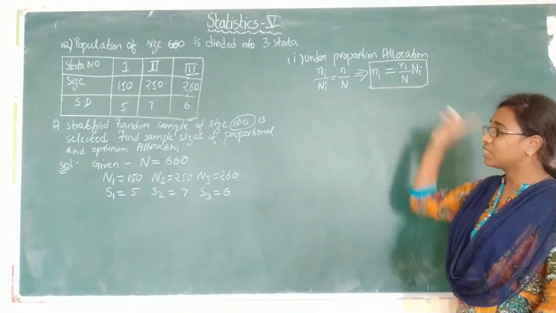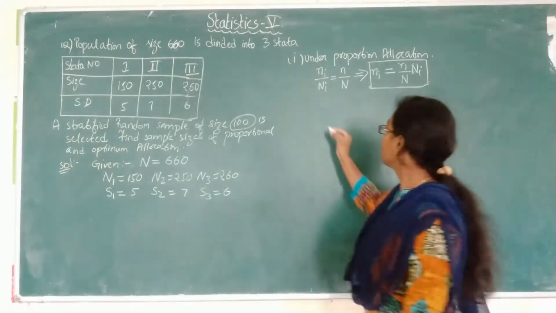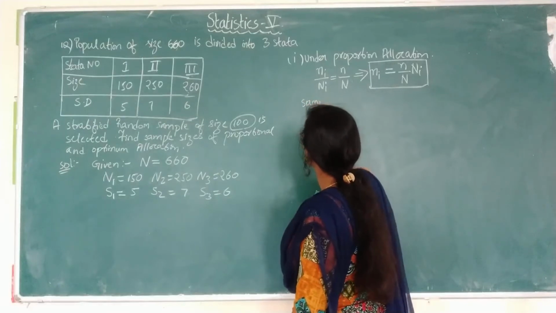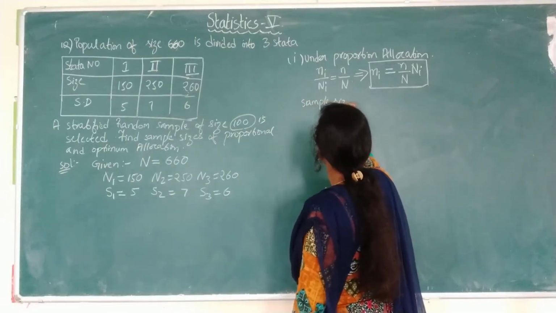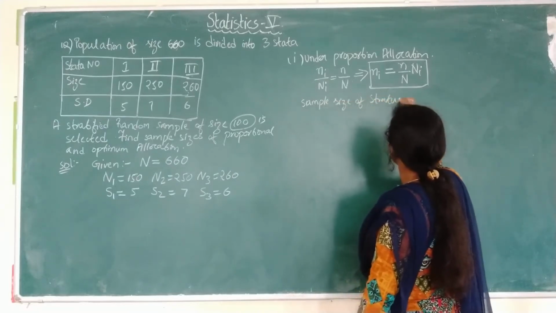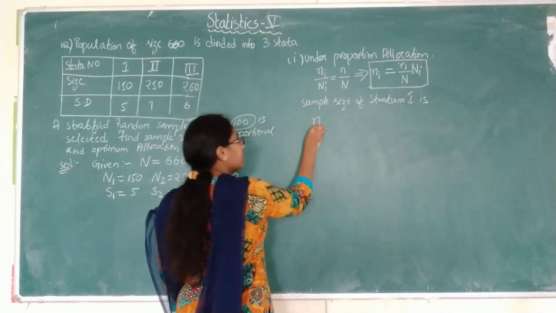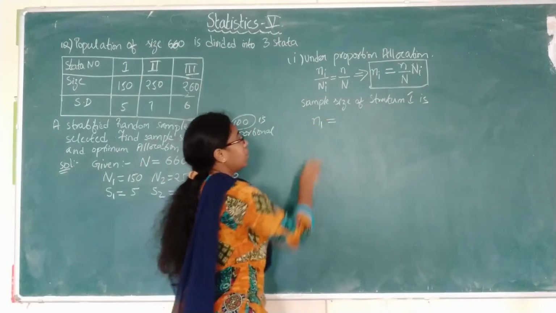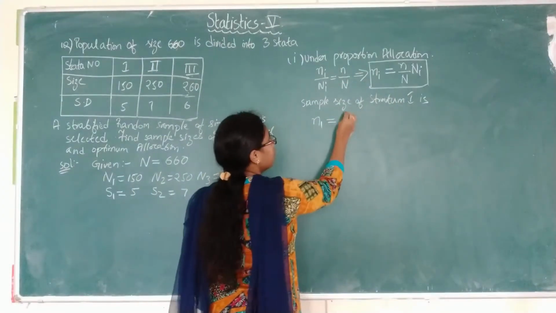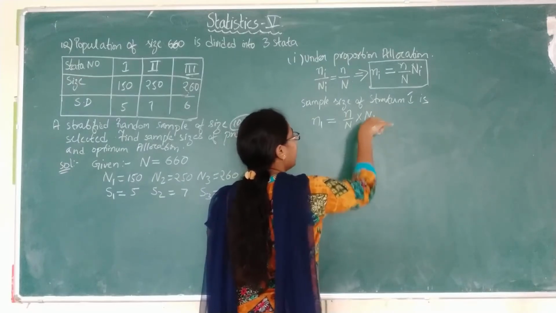Now by using this condition, we are going to find the sample sizes. First, the sample size of stratum 1. In this equation put i equals 1, and you will get n1 equals n by N into N1.